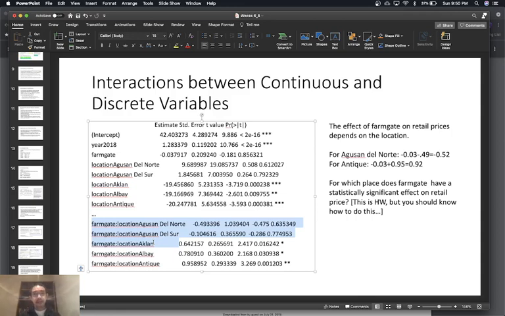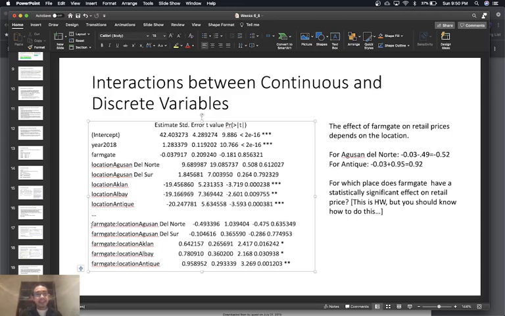So that matters. You'd have to run the linear restriction to know if in a particular place there is an effect. These ones are about a comparison between Agusan del Norte and Abra. So the question, for example, is that between Agusan and Abra, there is no statistically significant difference in the effect of farm gate.